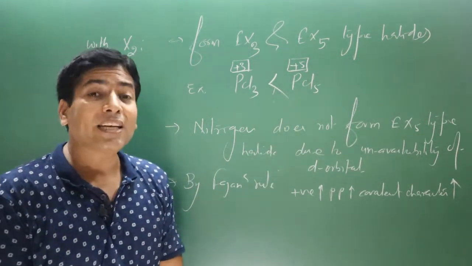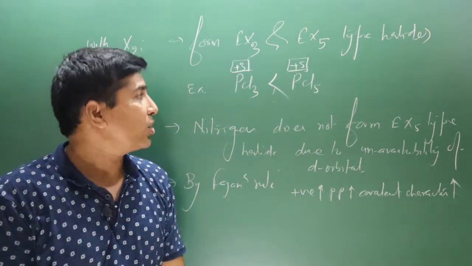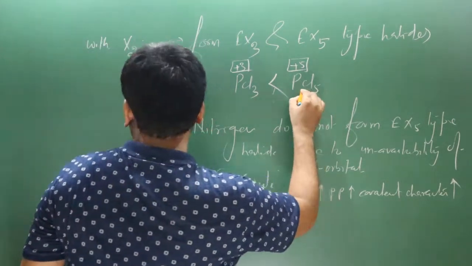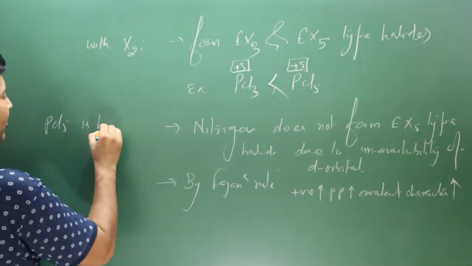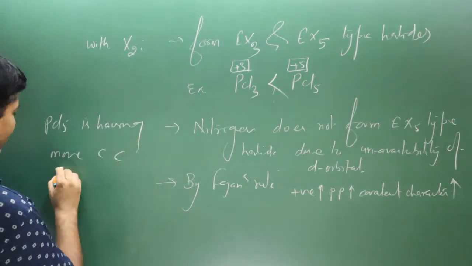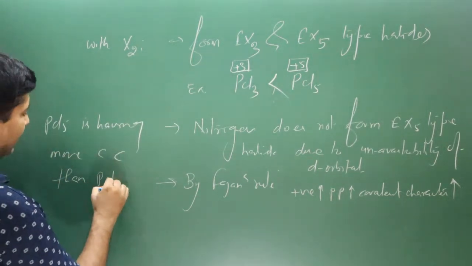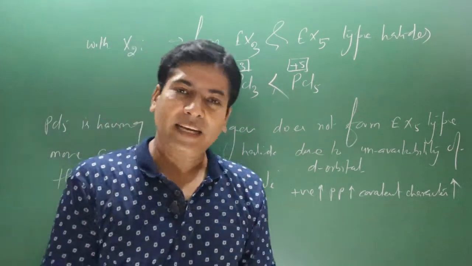Higher is the positive charge, higher is the polarizing power, and higher is the covalent character. Fajan's rule is given in chemical bonding.